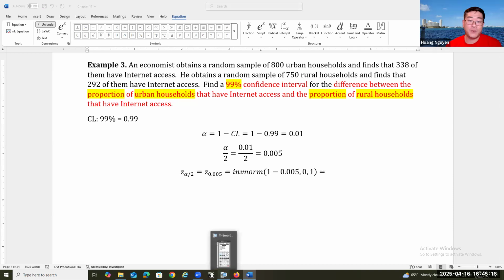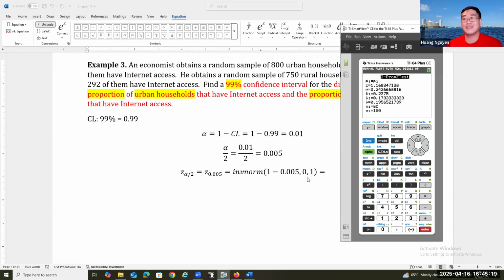This is how we calculate z sub alpha over 2, the critical value of the standard normal distribution. So we go to the inverse norm, and the area will be 1 minus 0.005, with mean 0 and standard deviation 1. This is the area to the left.